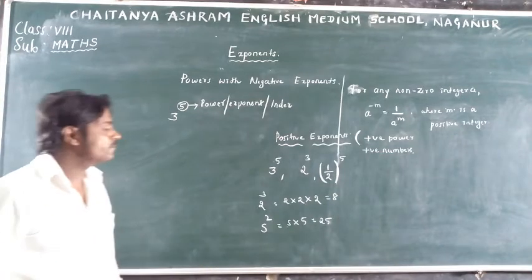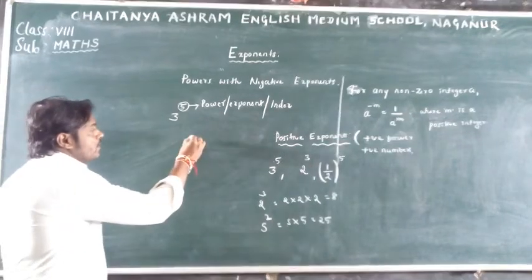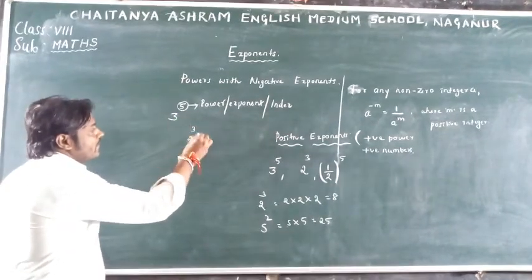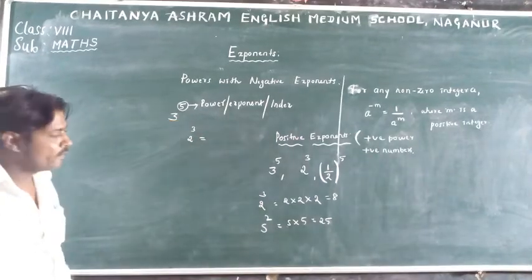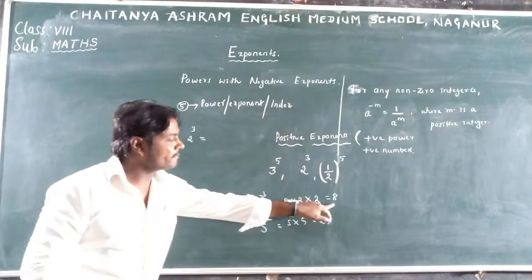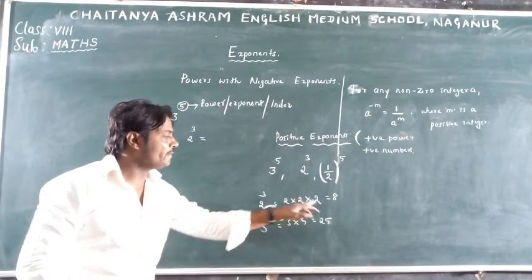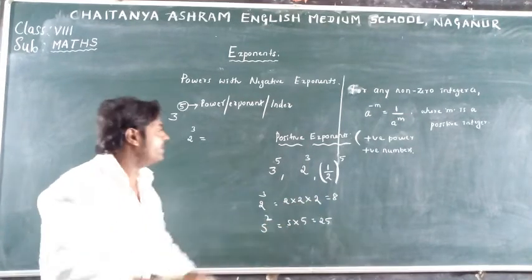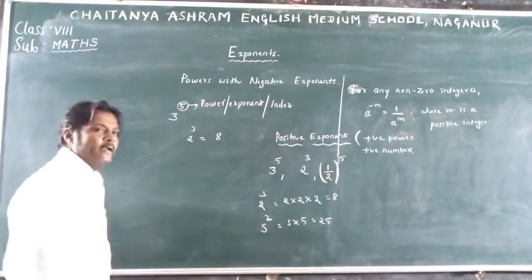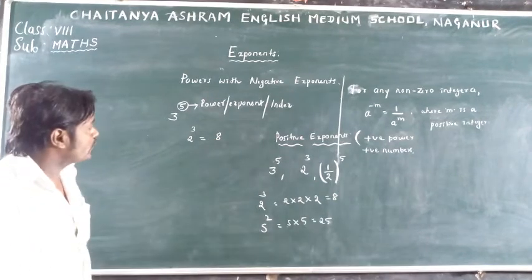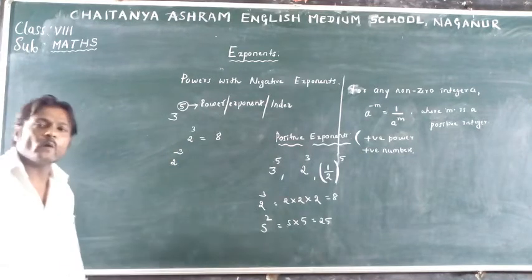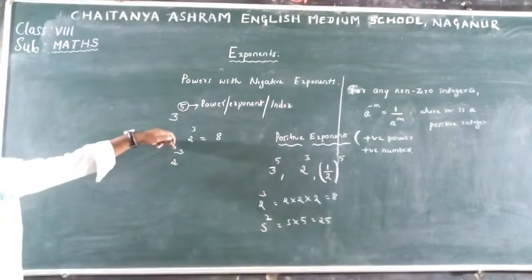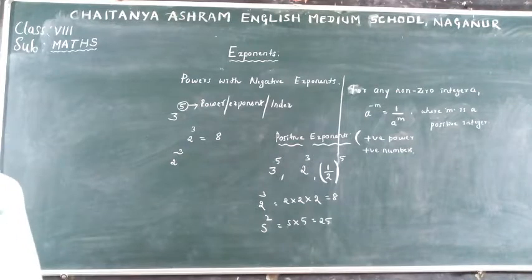Dear children, observe, 2 to the power 3 is a positive exponent. Its value is obtained by writing 2 three times, so its product is 8. Its value is 8. So tell me, dear children, what is the value of 2 to the power minus 3?